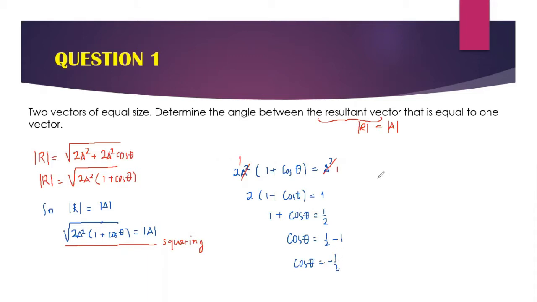Theta is cosine to the power minus 1 of minus a half, right? In the first quadrant, a half is 60 degrees, so theta is 180 minus 60 degrees. So theta is 120 degrees. Is it clear, everyone?